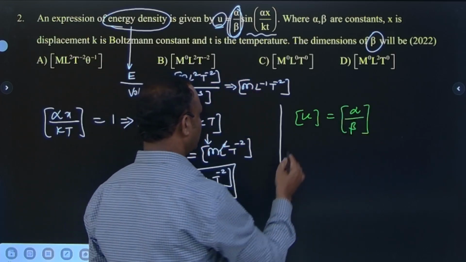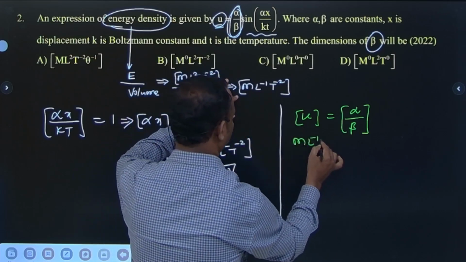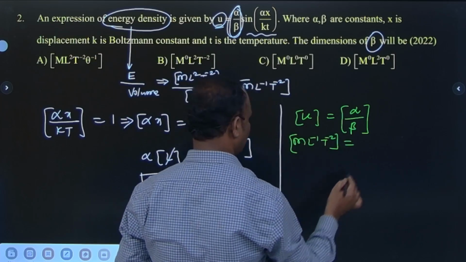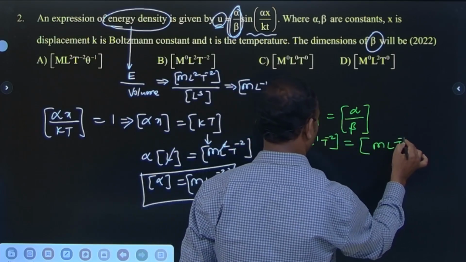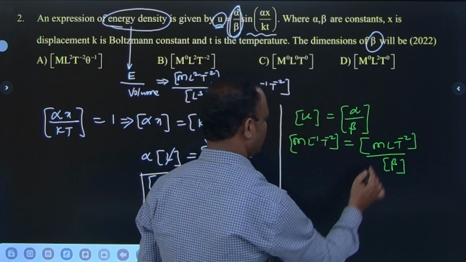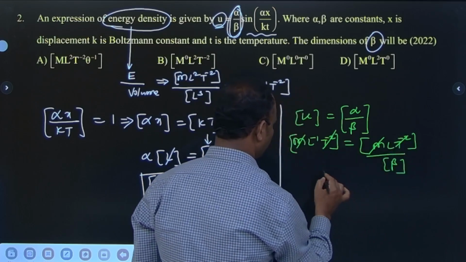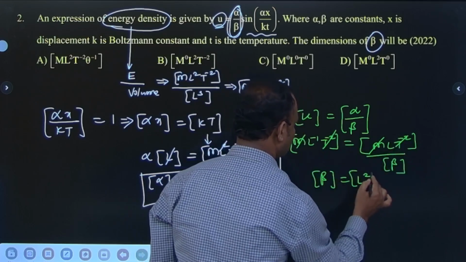Energy density is ML minus 1 T minus 2, equal to the dimension of alpha, MLT minus 2, divided by beta. M and M cancel, T minus 2 cancels. The dimensional formula of beta is L square.